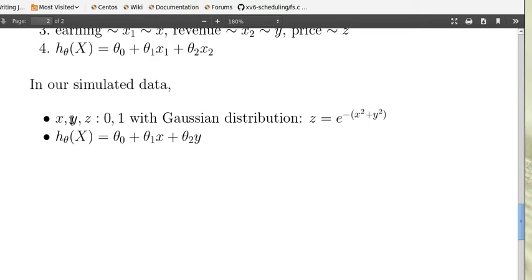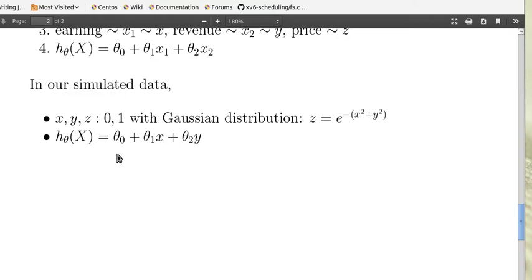So that means the x, y, z values are between 0 and 1. And the output is a Gaussian distribution of the inputs given by this formula: z equals e to the power of negative x squared plus y squared. Okay. And now the hypothesis h theta of x is equal to theta 0 plus theta 1 x plus theta 2 y.